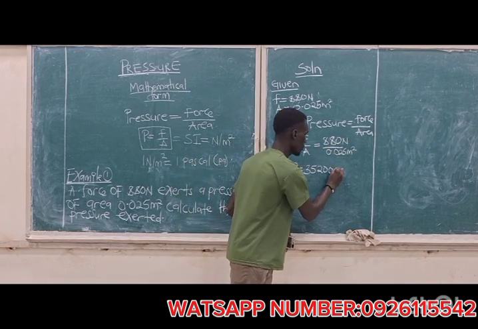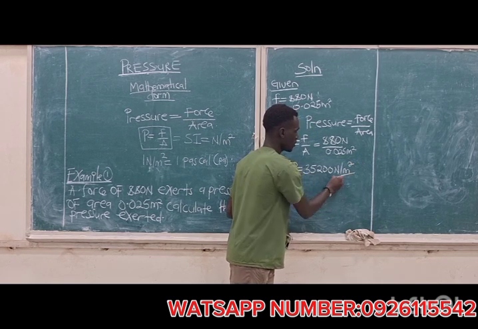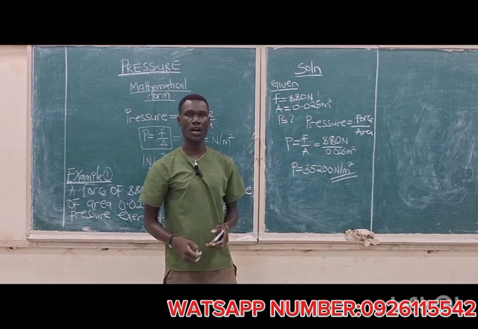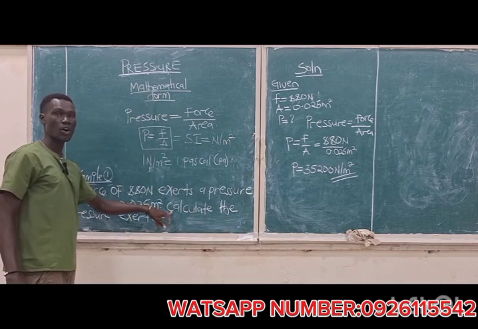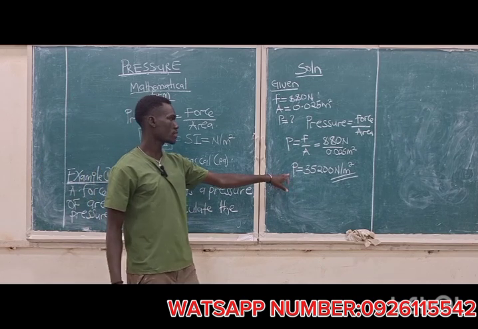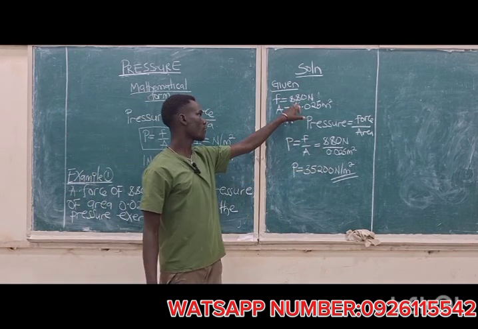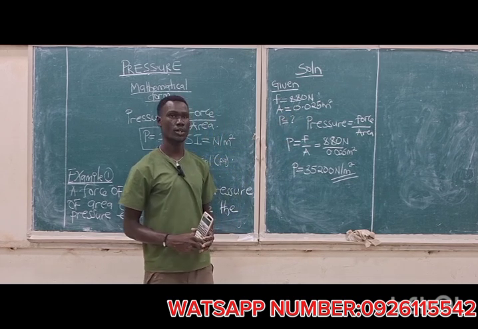That is Newton per meters square. So this is our answer concerning the question being asked, to calculate the pressure exerted. That is the pressure exerted when the force and area are perpendicular to each other.